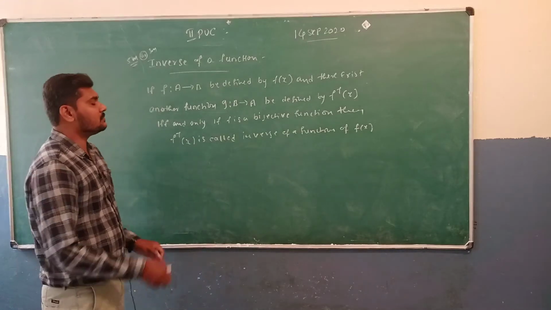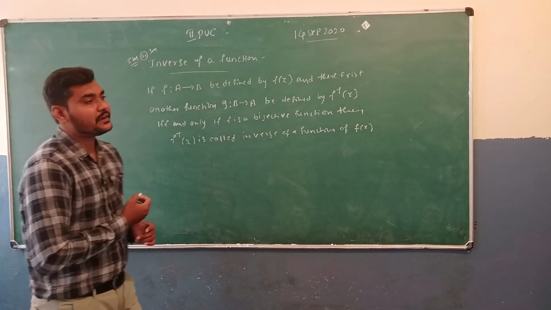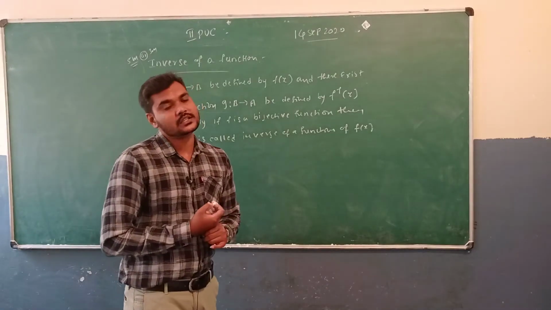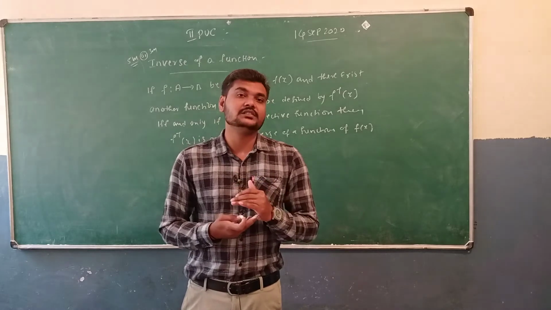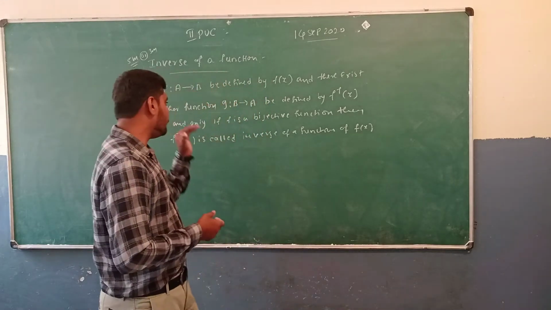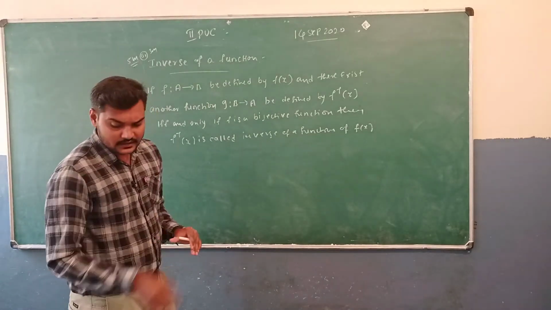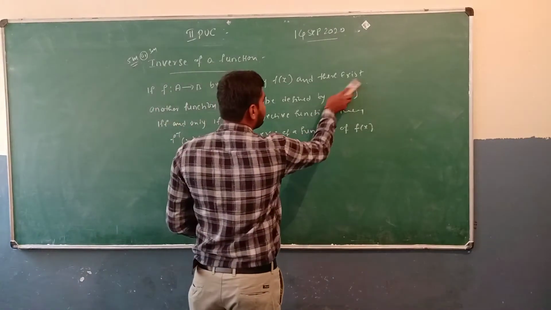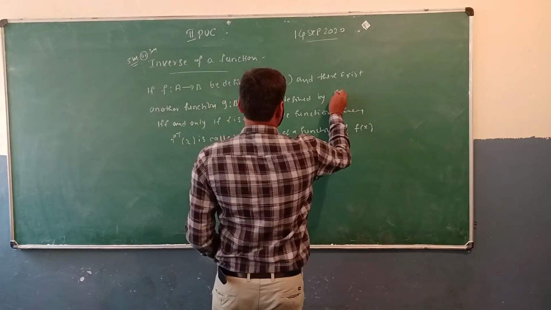So this concept says that if a function is defined from A to B, then there exists another function, g of x or f inverse of x. We can represent this by g of x itself.